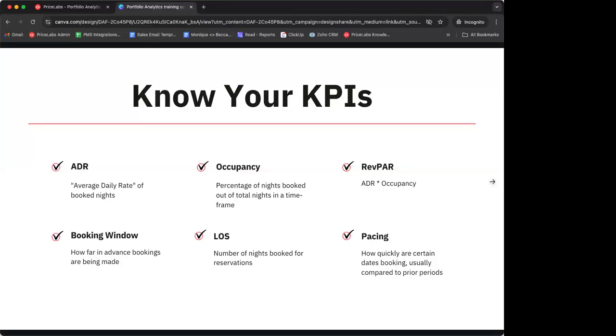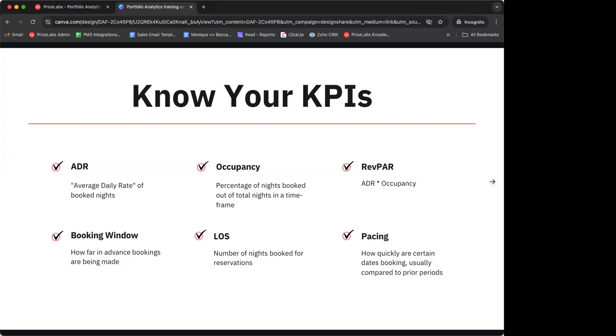But what if Christmas week is the only week that you have booked? That's going to mean that your occupancy is lower and your RevPAR therefore is going to be lower. So while your ADR is $500, having 7 nights out of 31 occupied leaves you with a 22.5% occupancy rate.